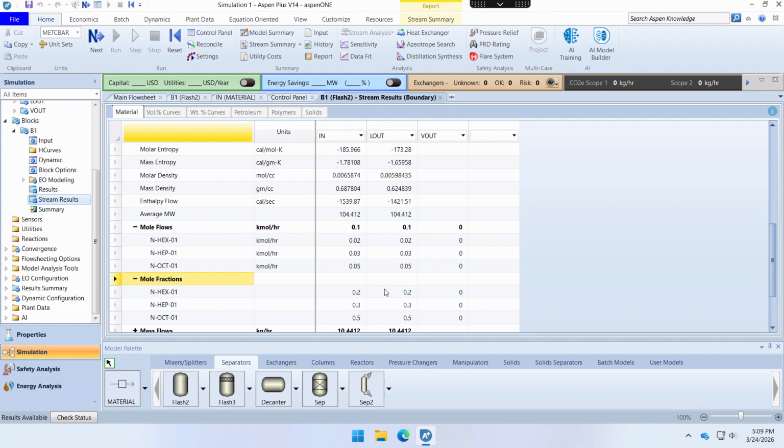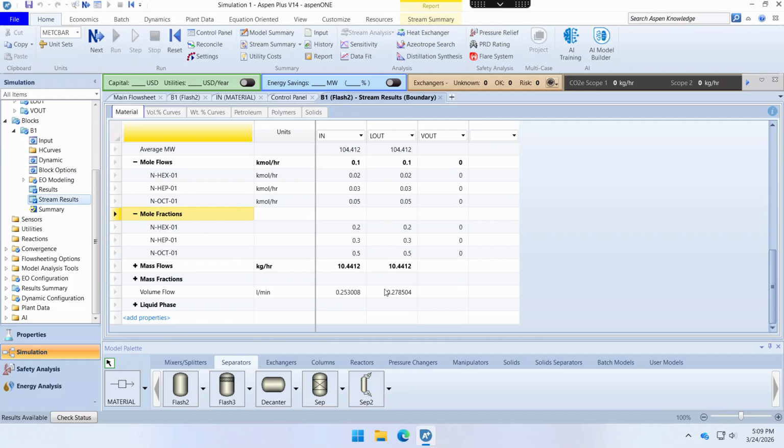Okay, now, our molar flow, I thought I had changed that to mole per hour. Kilomole is okay, I guess, but I like to see that 100 mole per hour. Okay, it's all liquid, right? So I lowered the temperature too much.